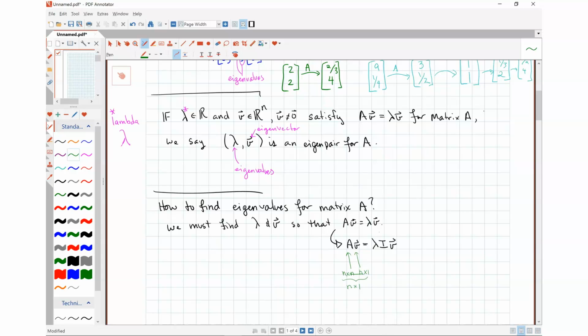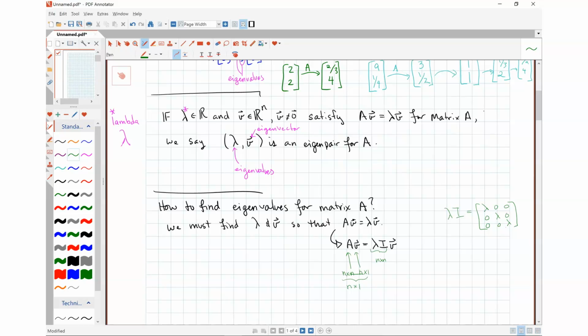So it's kind of like we have these two different kinds of objects multiplying on both sides, and it looks a little strange. But if we multiply the identity matrix by lambda, then all of a sudden we have an n by n matrix, right? Since lambda is a scalar, lambda times I is just equal to lambda 0 0, 0 lambda 0, 0 0 lambda.